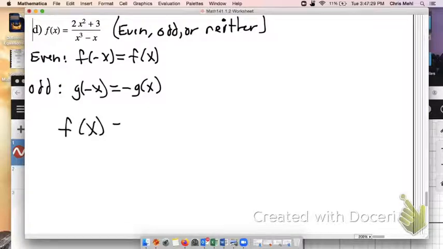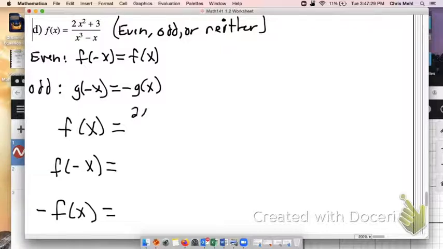I need to know f of x, I'm going to know f of minus x, and I want to know minus f of x. Oops, hold on. I usually do it in this order, my bad. I do f of minus x to know if it's even right away. And then once I do that, I want to know what minus f of x is to see if it is odd. Okay, so f of x, that's just the original function.